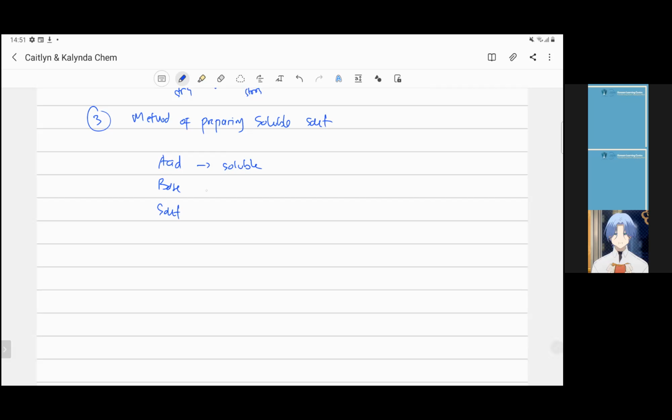Now, what about base here? Here it is, the one that's unusual. Most base is insoluble. In fact, soluble base is so rare, it is given a special name, alkali.